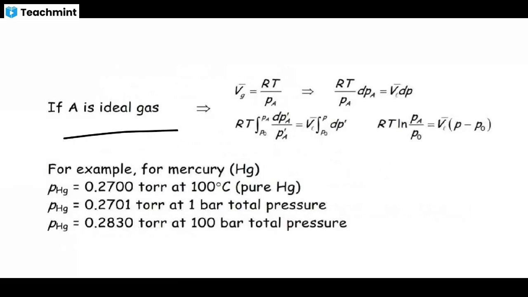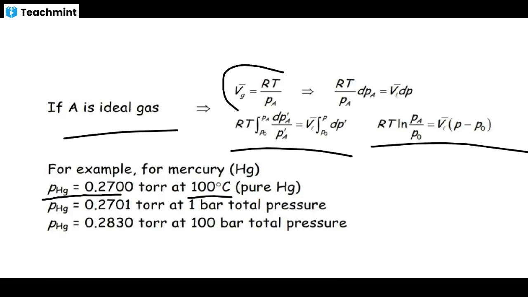If A is an ideal gas, you can use the ideal gas law, then integrating with respect to pA, from P0 to P, you get the relation. For example, for mercury the partial pressure is 0.27 torr at 100 degrees Celsius, pure mercury at 1 bar, and 0.28 torr at 100 bar total pressure.